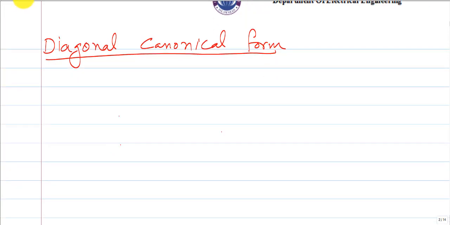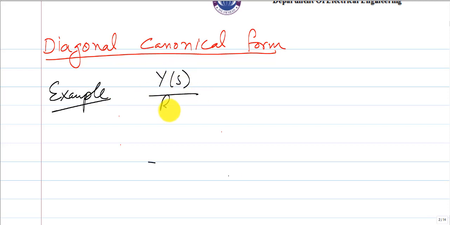I hope that example will be enough to make it understood how we can obtain the diagonal canonical form, because, as the name suggests, it contains something important in the diagonal form of the matrix. So what's that important thing? Let's look at this example.